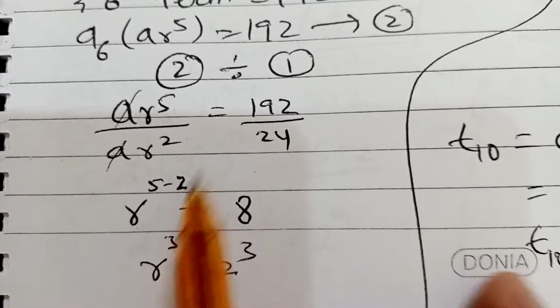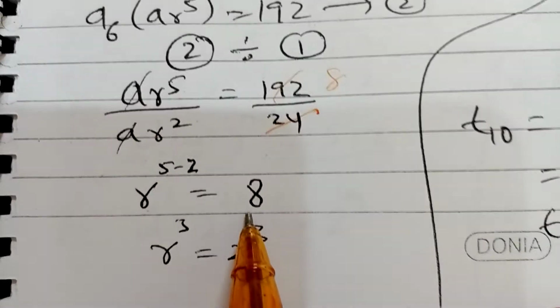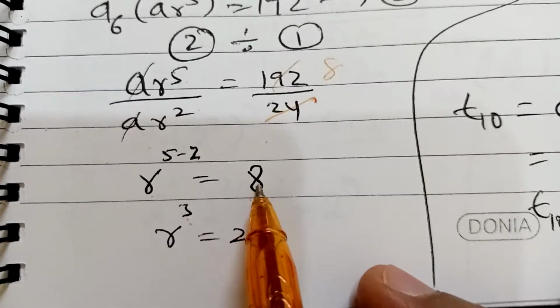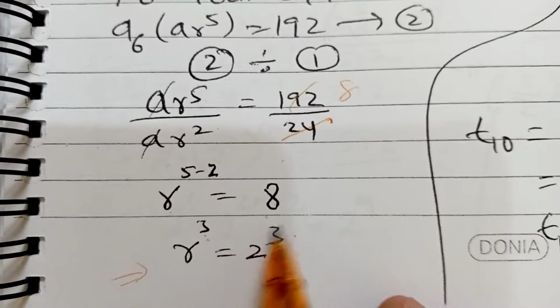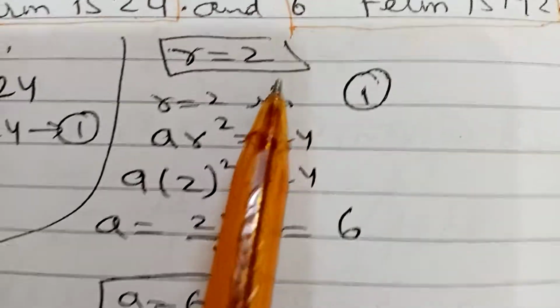So r^(5 minus 2) is equal to 8, since 24 eights are 192. So r^3. Since 3 is there, 8 can be written as 2 power of 3. Implies the 3s cancel. r is equal to 2.